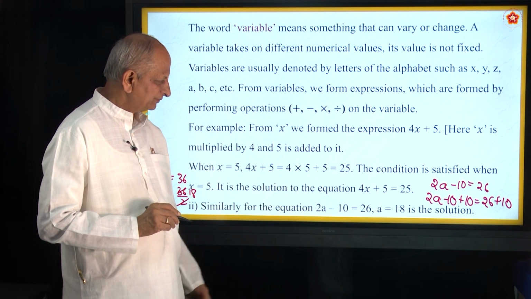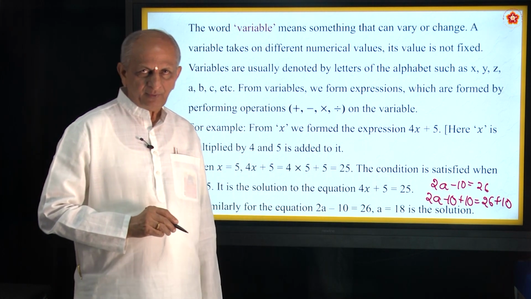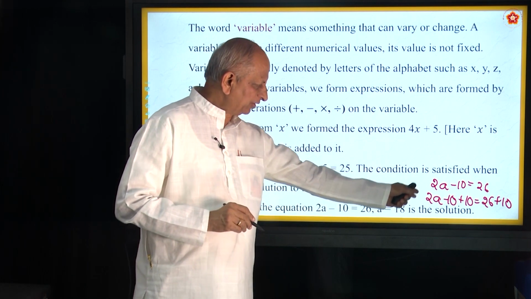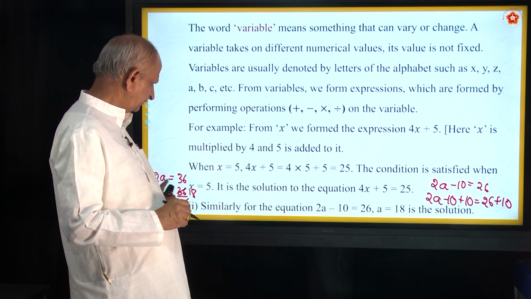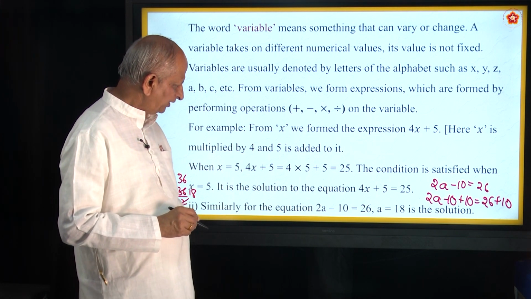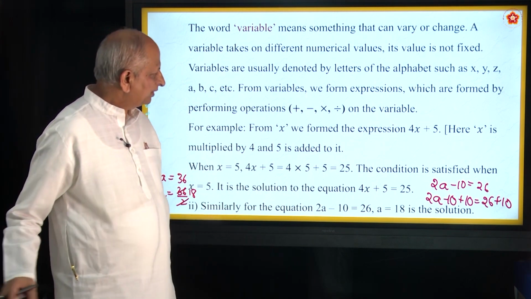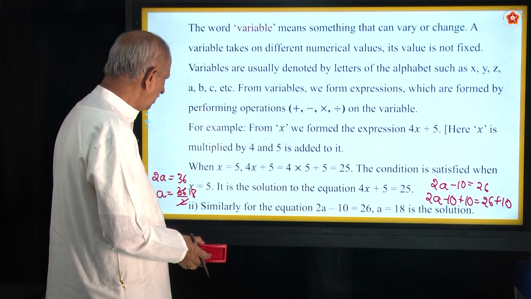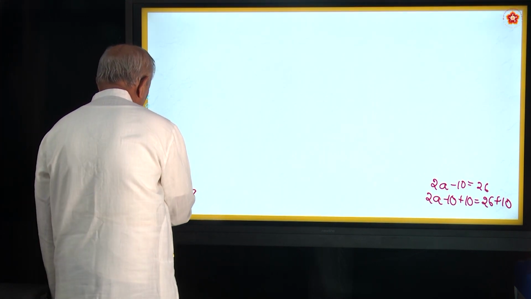How did you get it? If minus is given, add 10. When you add 10 to the left hand side, you have to add 10 to the right side also. So, that becomes 36. Then you get the value of A is equal to 18, that is the solution. Okay. Understood? Okay, note down. Good boys, good girls.